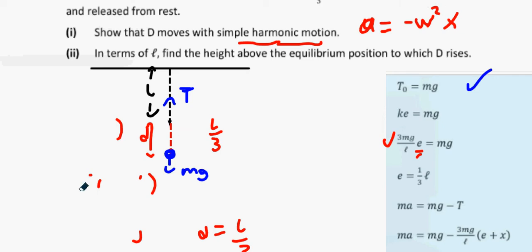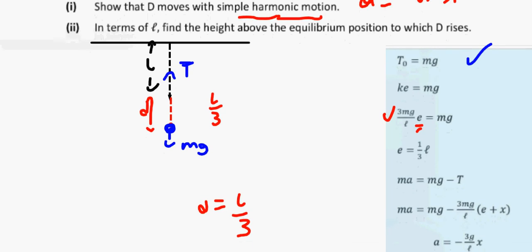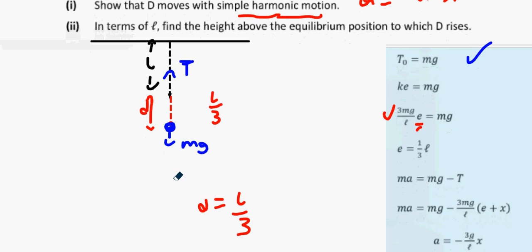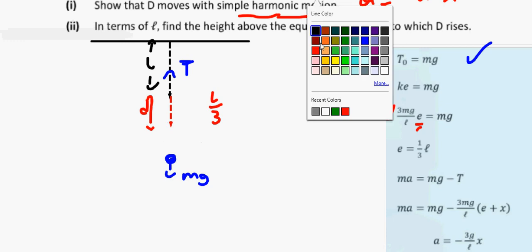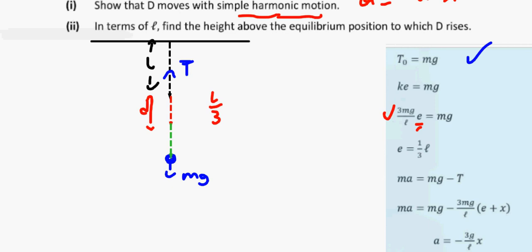So what we're going to do here is extend it down another further distance x, and I'll denote this in green. Now, would everybody agree that the equilibrium position was this position here?